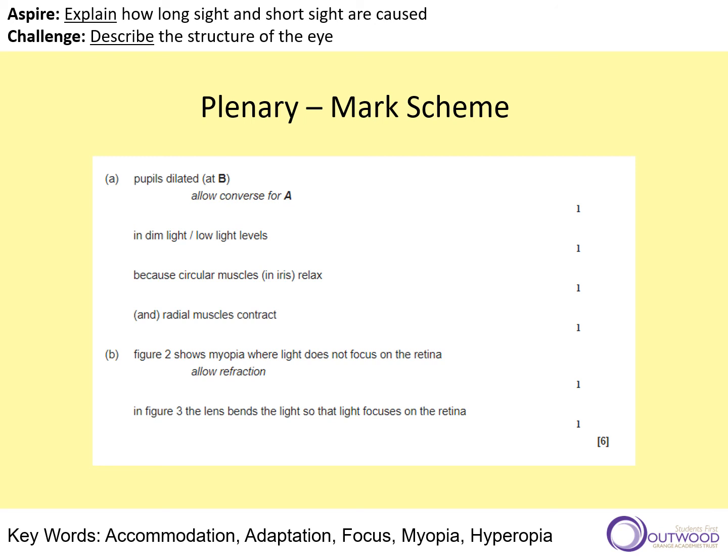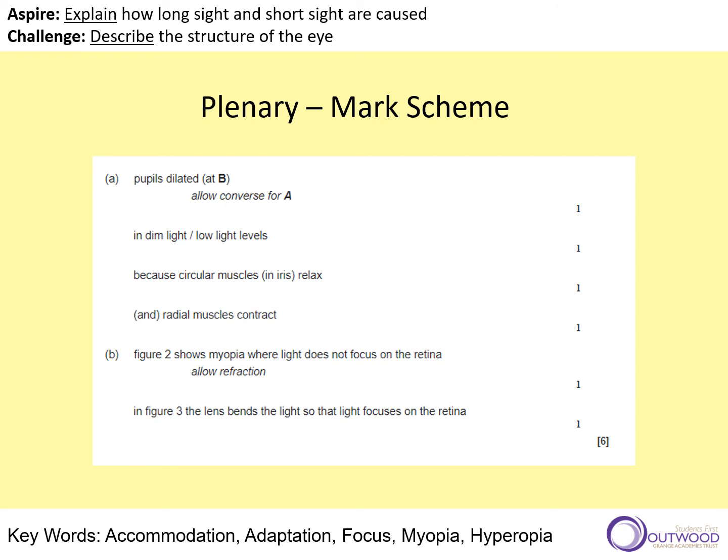Okay, so I'll say that again. Pupils, low light levels, or dim light. Circular muscles relax, radial muscles contract. And then another 30 seconds for pupils in bright light. So that's your next subtitle, pupils, bright light. Circular muscles contract. So it's the opposite, remember.